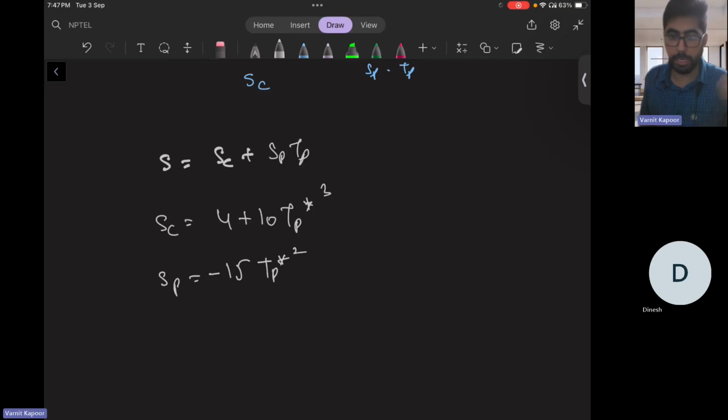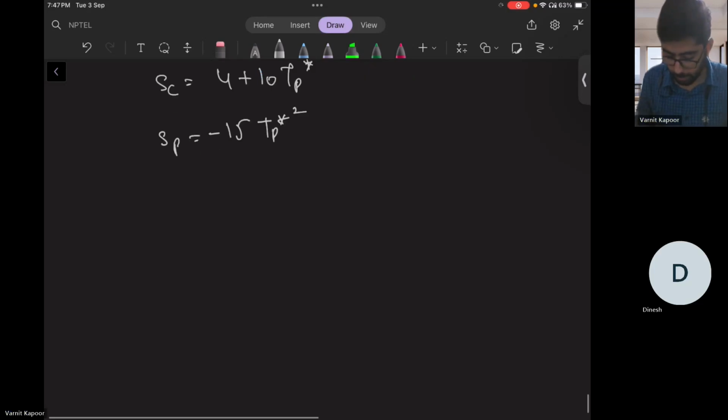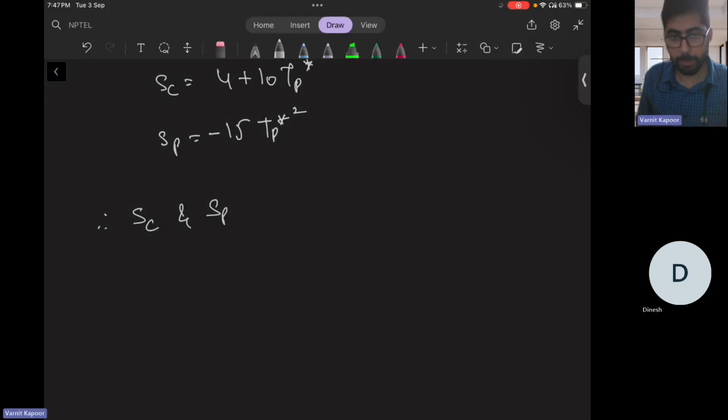And SC and SP need to be updated at every iterative step, because these are the iterative guess values initially. You need to update it. SC and SP need to be updated with iterations.